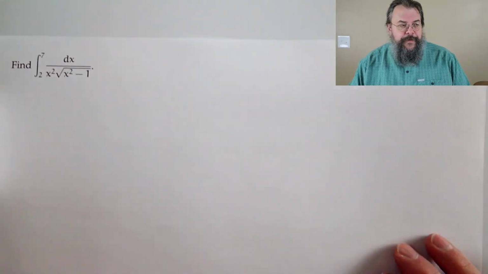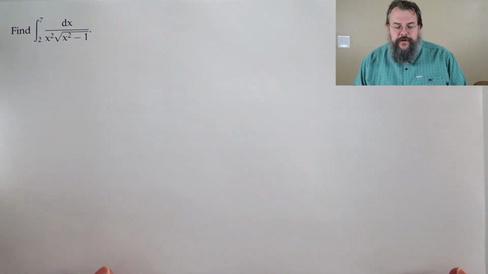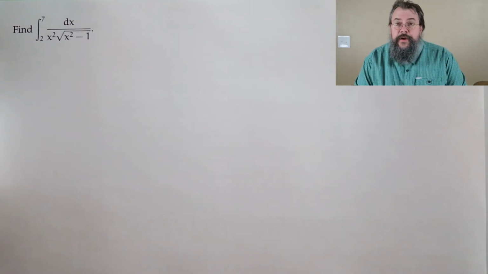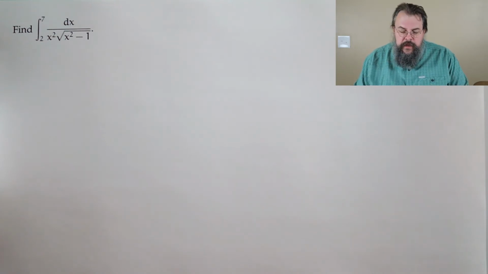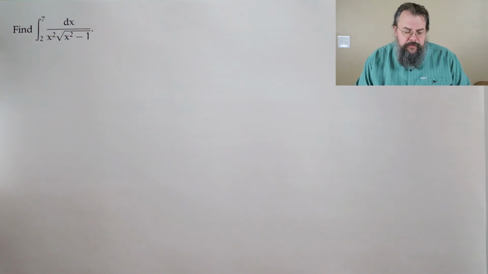All right, on to our next problem, and it's definitely going to be a problem. Definite integral one. Find the integral from 2 to 7 of dx over x squared times the square root of x squared minus 1. Okay, it definitely looks like trig sub, but I don't think there's a simple way to do it without trig sub.